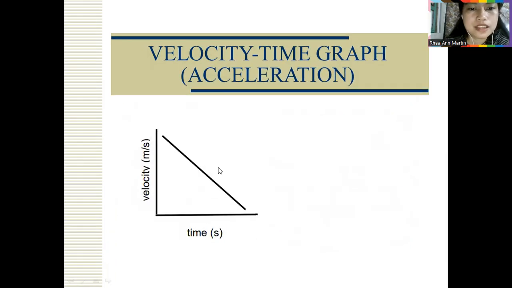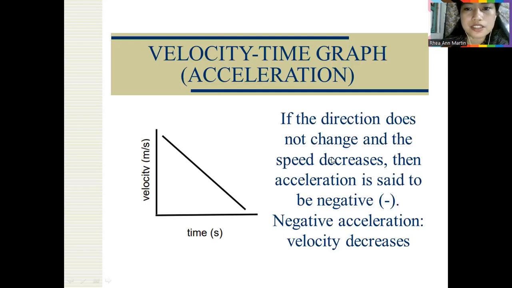Ito naman, graph, pababa siya. So, ano kaya ang ibig sabihin nito? Decreasing in speed or acceleration. So, if the direction does not change, the speed decreases, then acceleration is said to be negative acceleration.